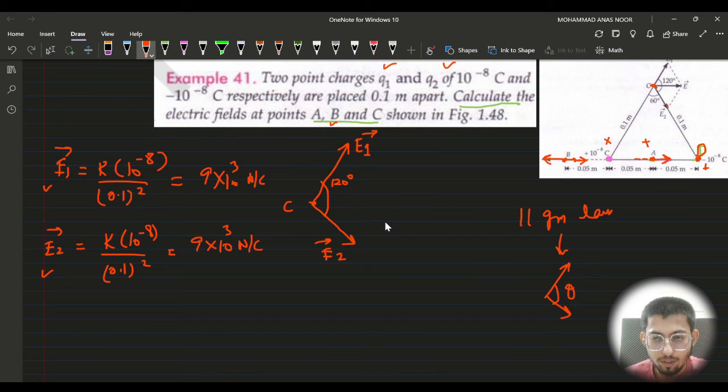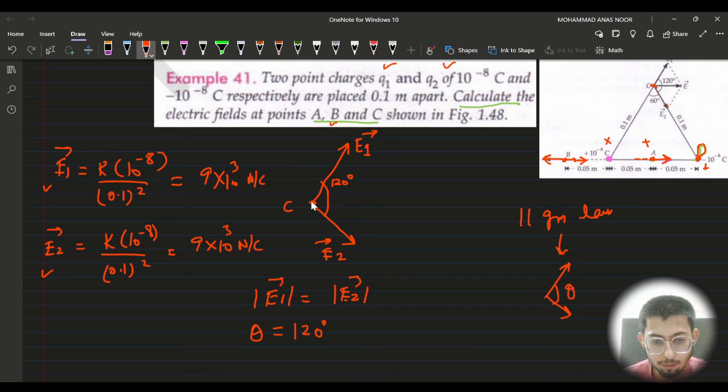And we know one thing: when there are two vectors of equal magnitude, E1 magnitude equal to E2 magnitude, and the angle between them is 120 degrees, this is something that we should remember.